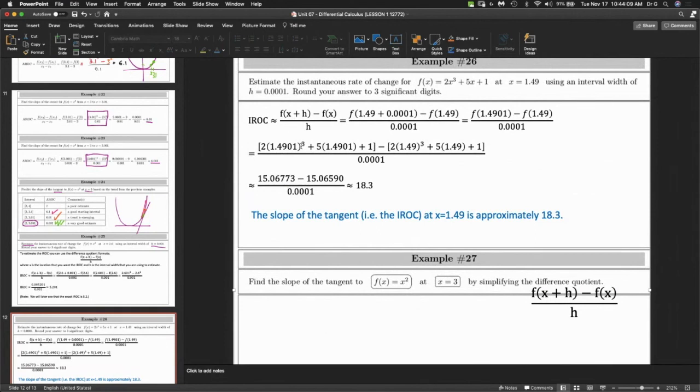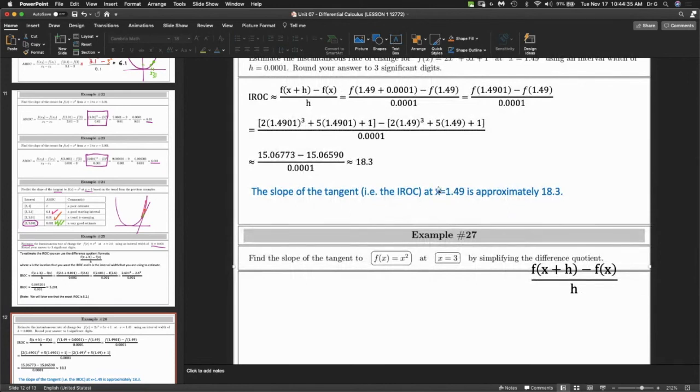Now, some of you might be bothered about why h is 0.0001. Because if you wanted, no, it's actually not more complicated. It actually becomes less complicated when you get rid of the numbers. It's kind of funny. It actually becomes less complicated when you get rid of the numbers.